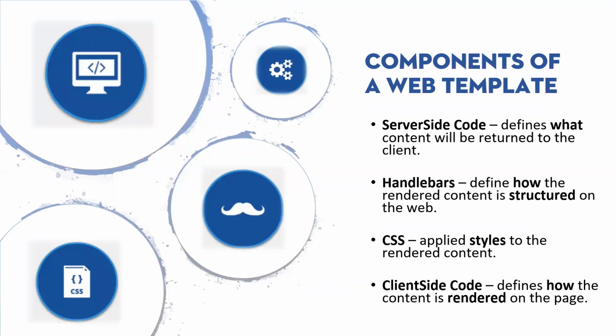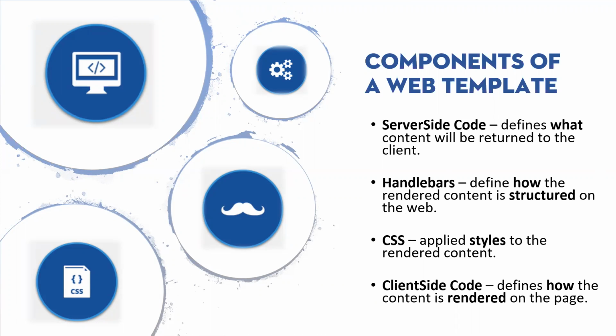With the template, to make our session a bit more technical, there are some components of web templates, to give you an understanding that it's not that easy to set up your web campaign. You need scripting skills to set up the server-side code that defines what content will be returned to the client.